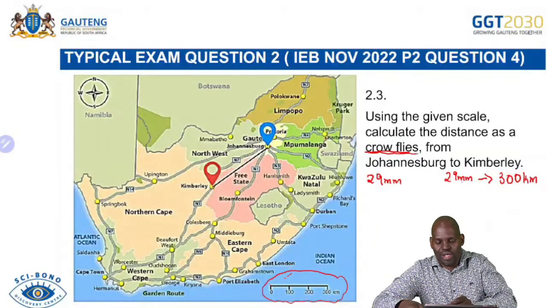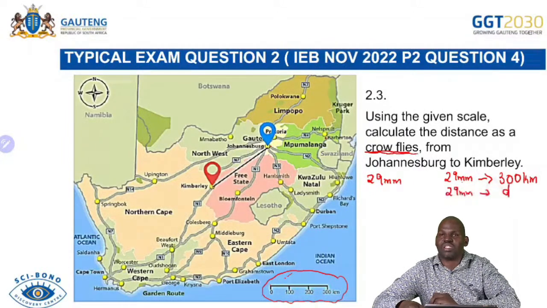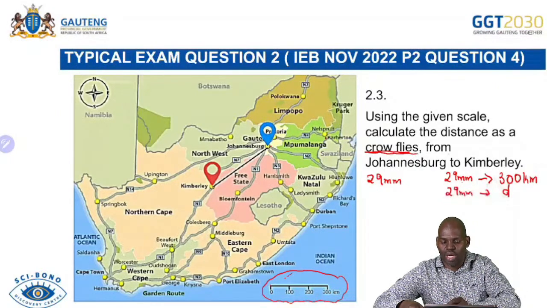If you want to confirm it and do cross multiplication, you can still do it, and you will see that the distance will still be 300, because you get d multiplied by 29, 29d, and 29 multiplied by 300.